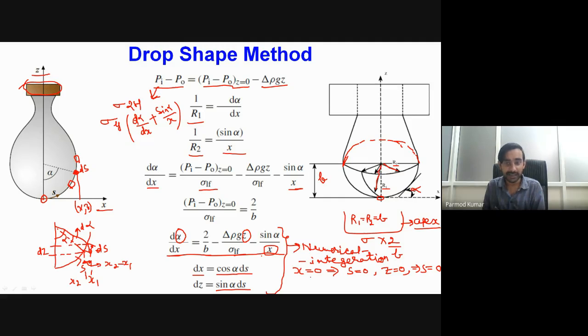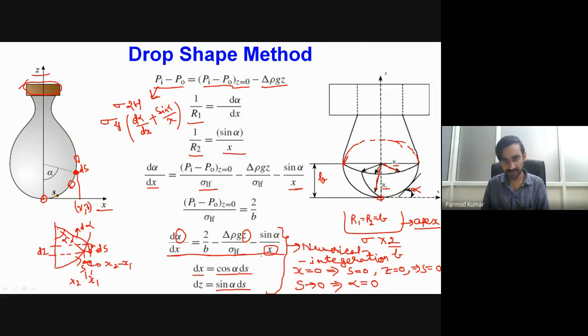Another boundary condition we can write in terms of the elemental surface s. When the value of s approaches 0, the value of angle alpha will also be equal to 0.